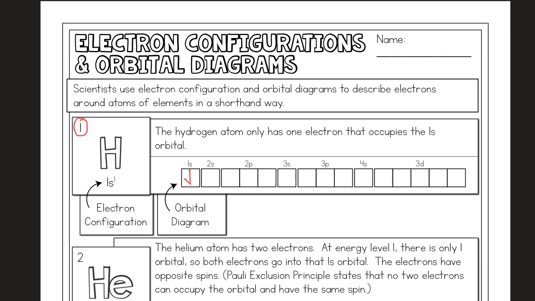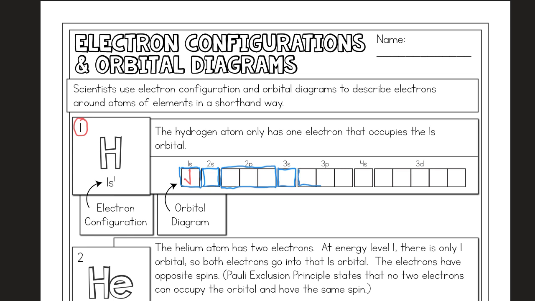Each of these boxes is called an orbital. So there's the 1s orbital, the 2s orbital. The p orbital actually has three, or the p block has three orbitals. There's 3s. All of the s orbitals just have space for 2 electrons only.